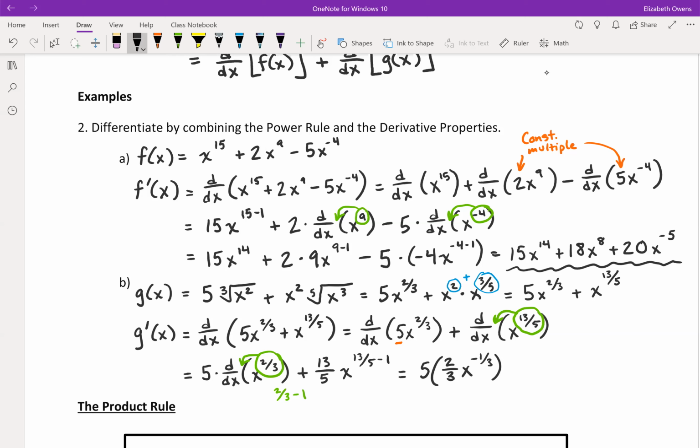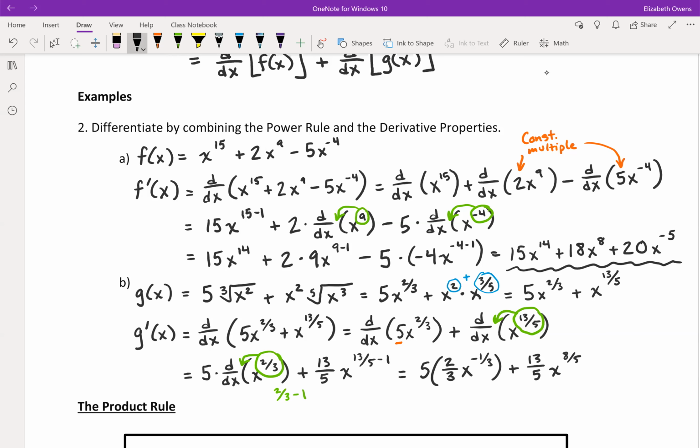And then plus 13/5 x to the, 13/5 minus 1, that would be 13/5 minus 5/5, so that would give us 8/5.